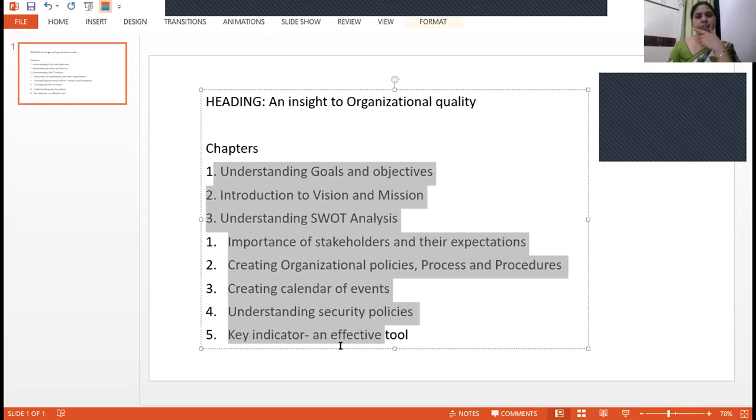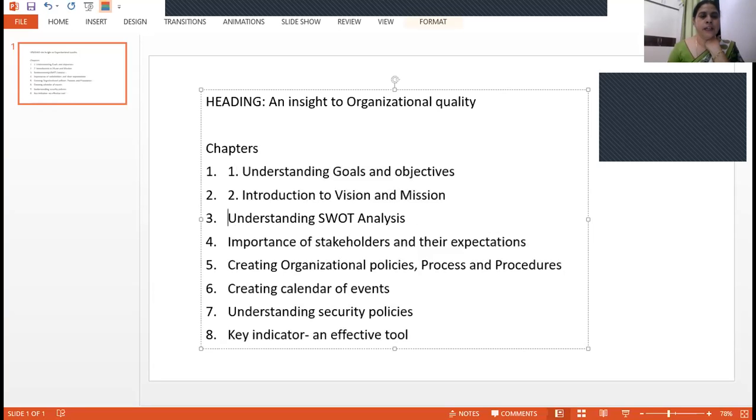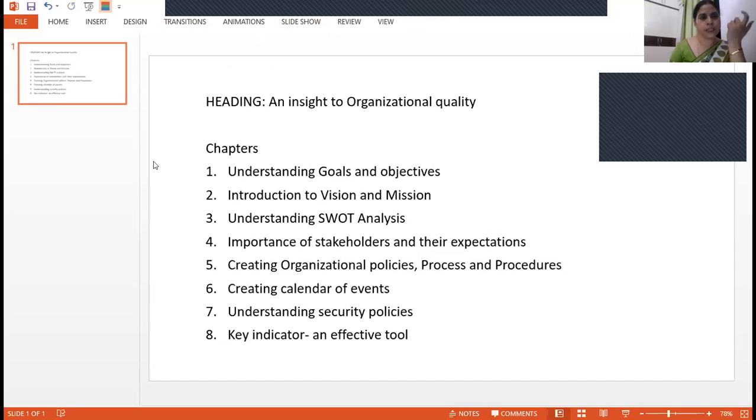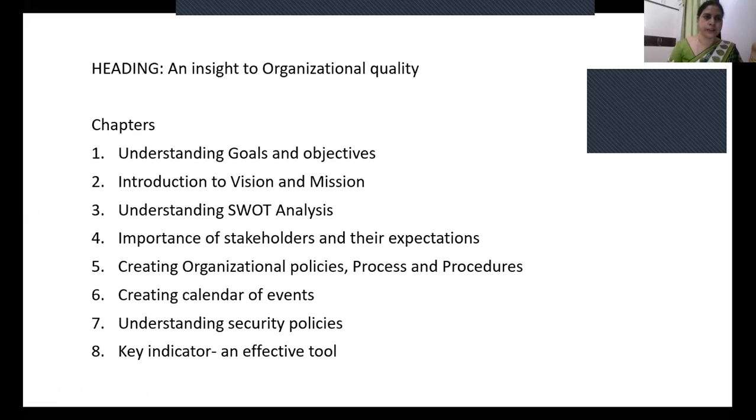Piyush sir has taken a session on SWOT analysis: how to understand the strength, weakness, like what is meant by strength, how we come to a conclusion that this is going to be my strength, this is going to be organizational strength, and which kind of processes will lead towards the strength. Something like that we have to write under that.